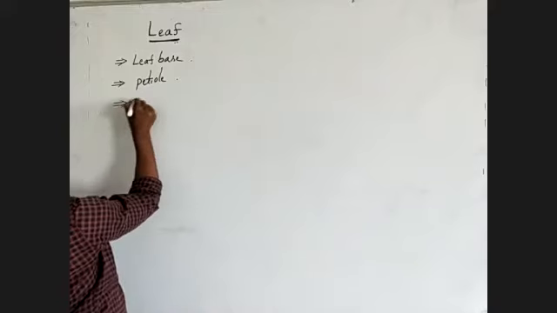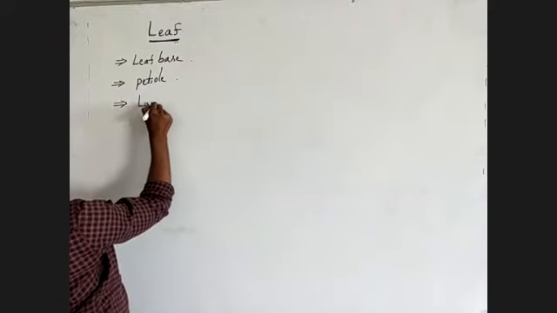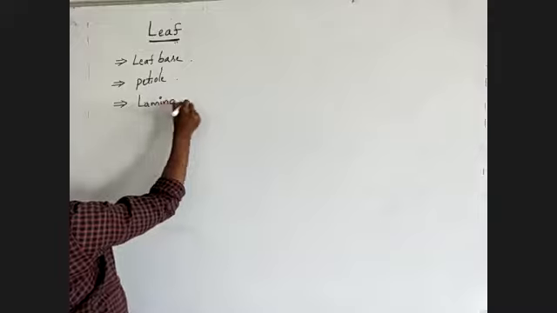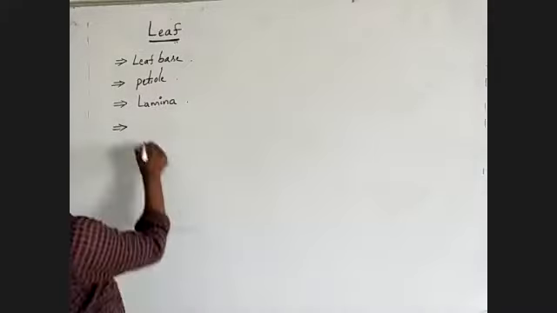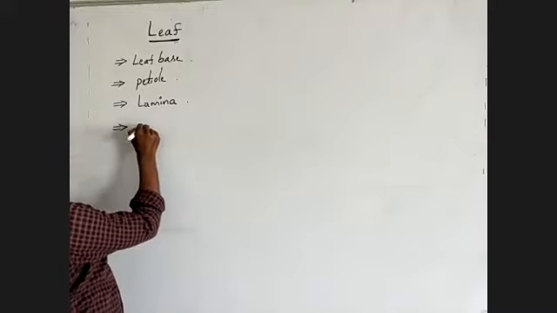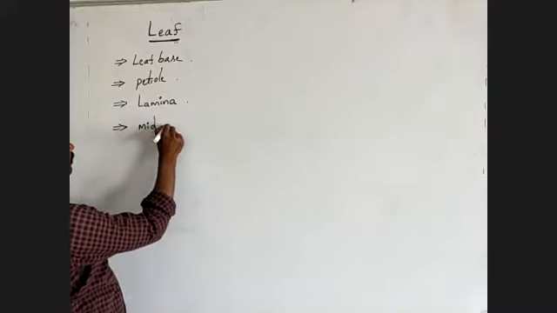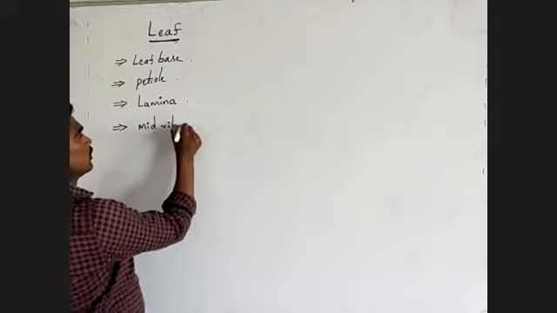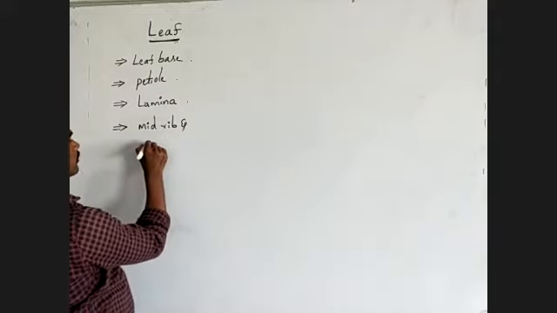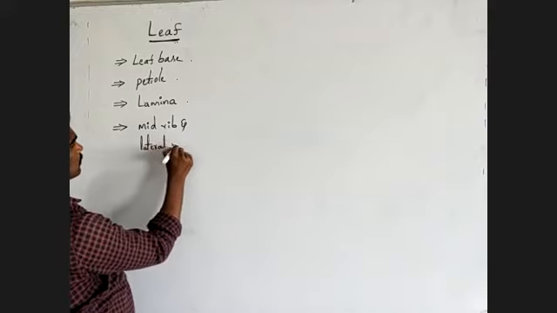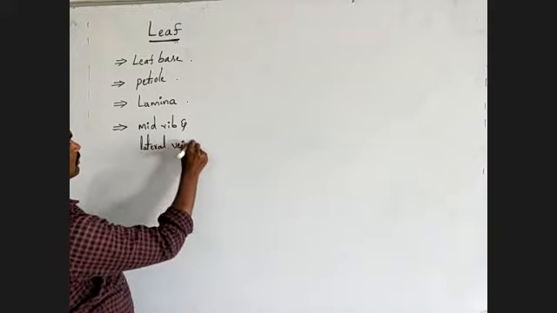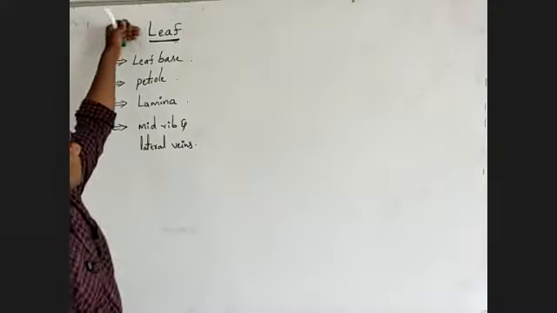Next, lamina. Next, different veins, midrib, and lateral veins. Like this, structure of the leaf already we discussed.